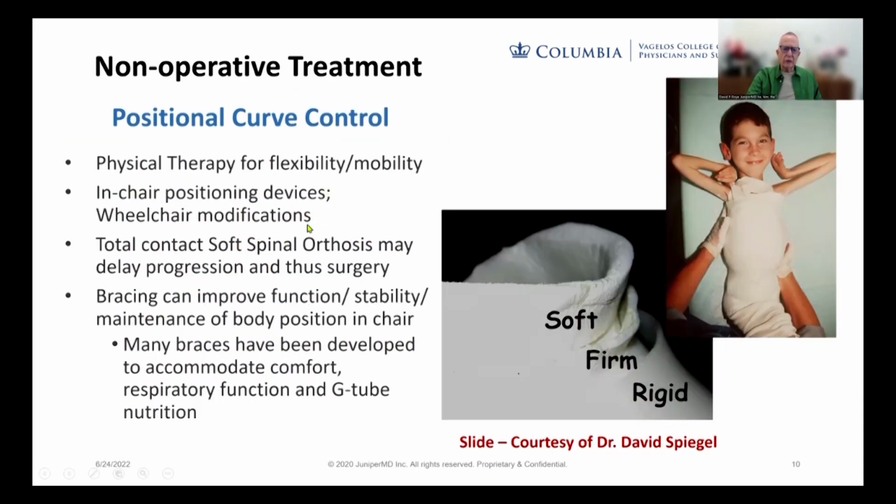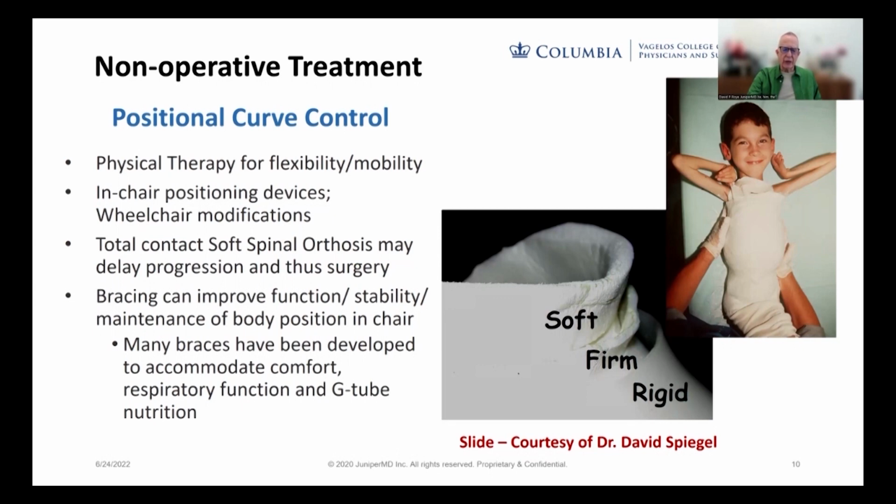Non-operative treatment includes positional curve control. Physical therapy can be invoked for flexibility and mobility, along with in-chair positioning devices and wheelchair modifications. The total contact soft spinal orthosis may delay progression, and thus surgery. And bracing can improve functional stability and maintenance of body position in the chair.